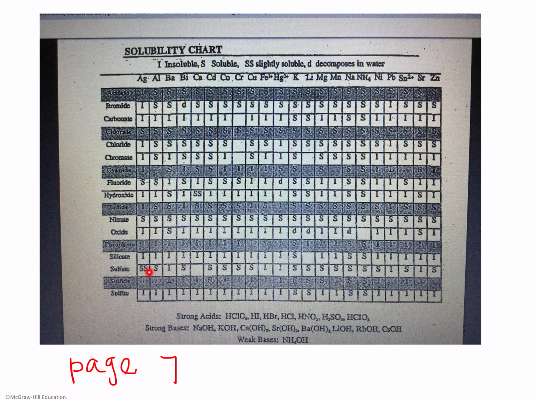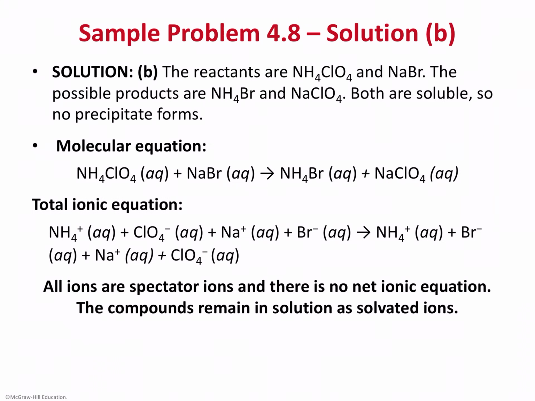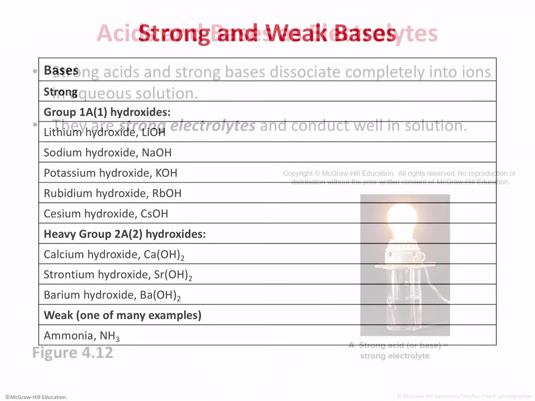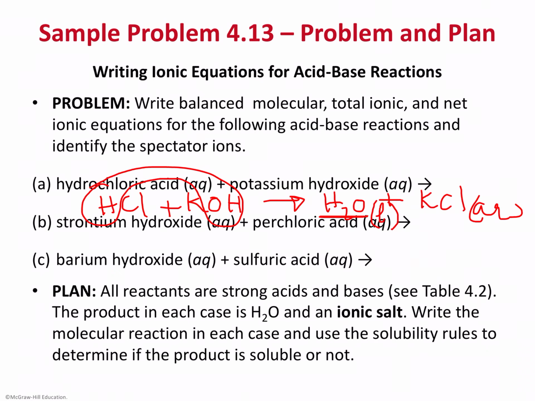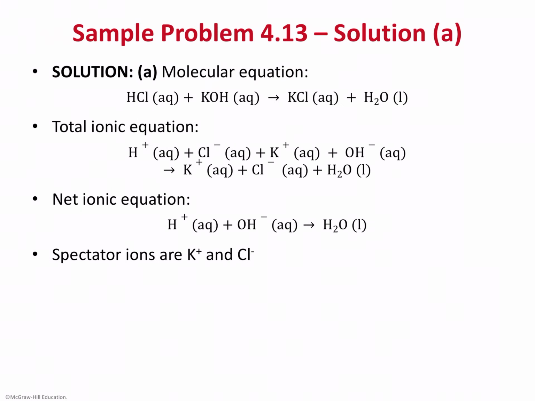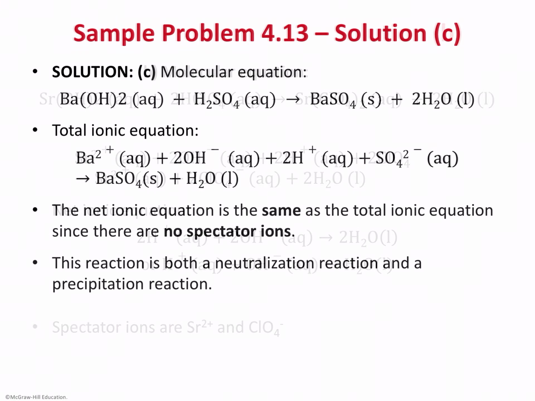Sulfate right there. Barium sulfate is insoluble, meaning it's a solid. So you have to put s for barium sulfate. And then you have the formation of liquid water as one of our products.